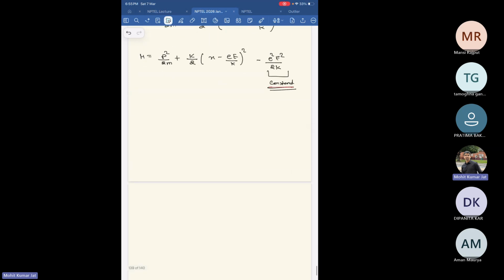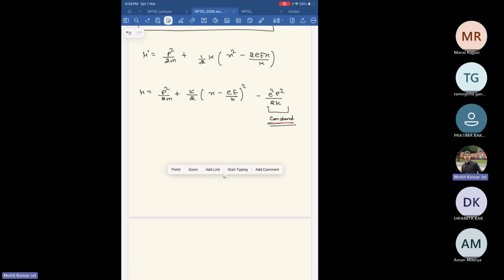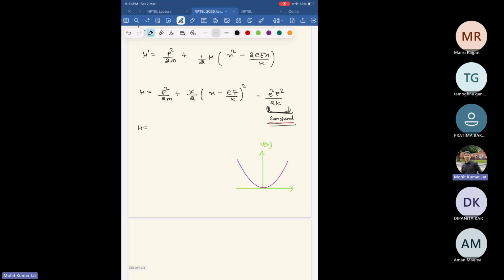But now, if you write H equals p square by 2m plus half k x minus x naught whole square, this is just a constant, this is a shift in the energy. You can think of it like a DC shift. P square by 2m is nothing but kinetic energy again, and this is the new term which you can write as V prime(x).